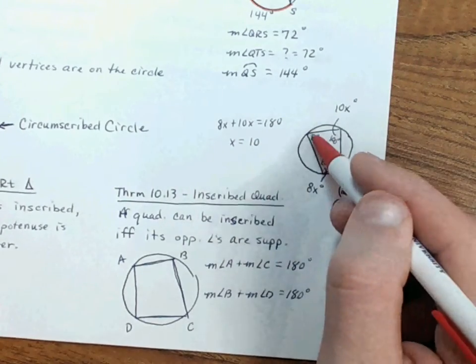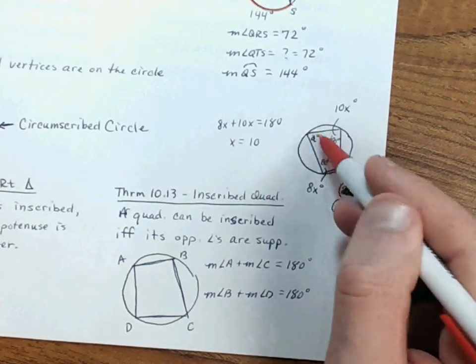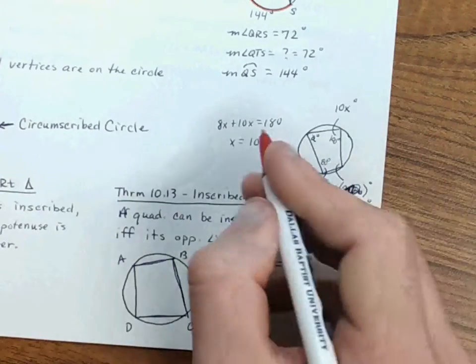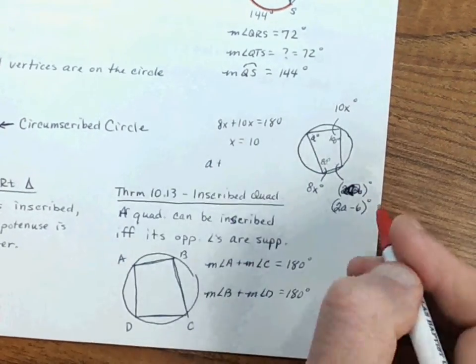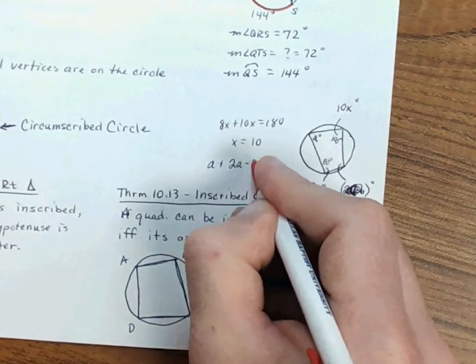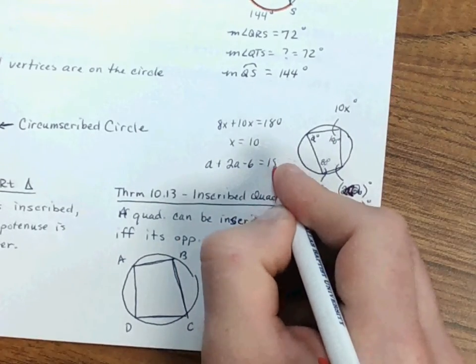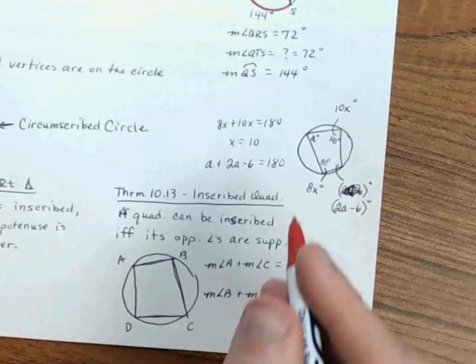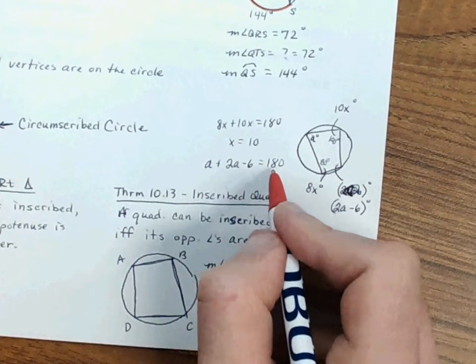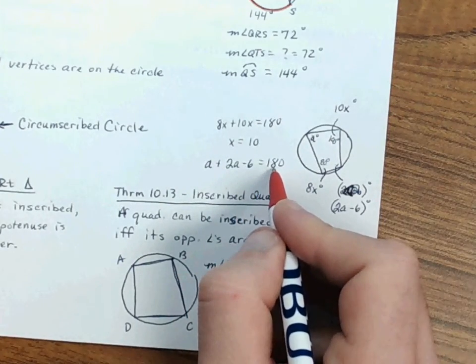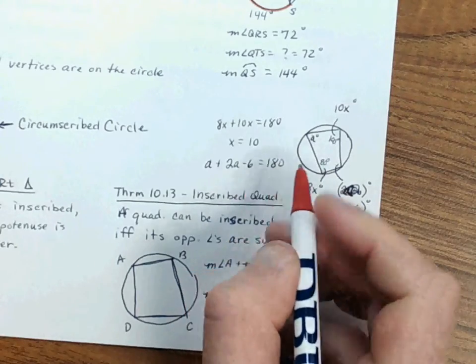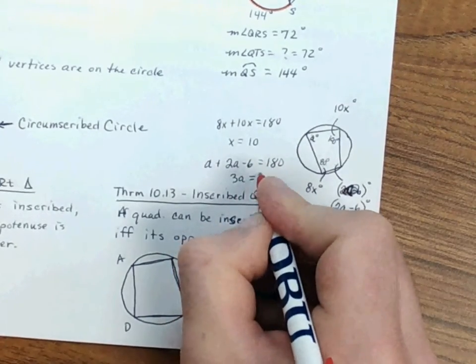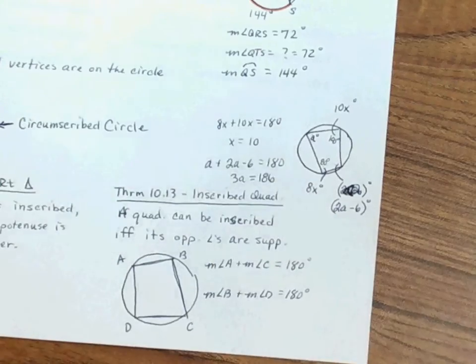Now, let's look at these two angles. These also have to be supplementary. So I'm going to say that a plus 2a minus 6 equals 180. Right? So I'd get 3a minus 6 equals 180. I need to add 6, so 3a equals 186. Okay?